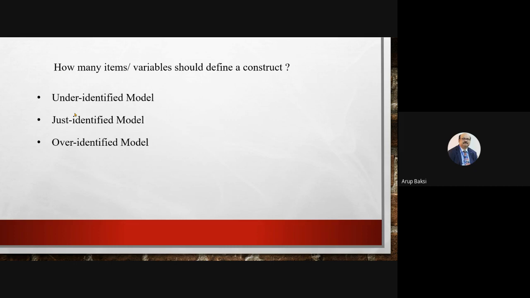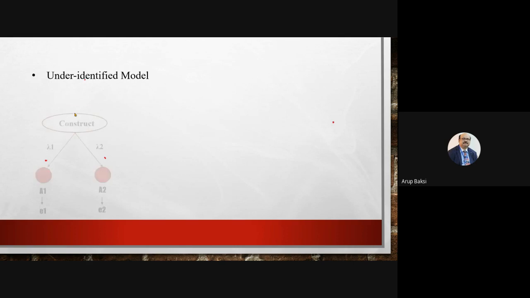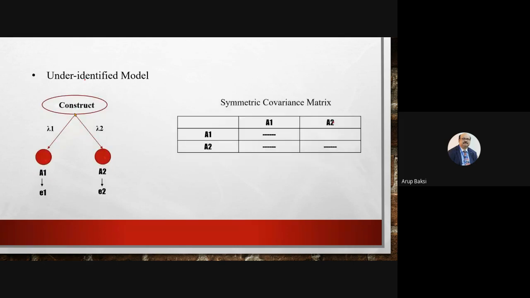According to the items or the variables which actually define a construct, we can identify these three sets of models. So what is an under-identified model? In an under-identified model, on the left-hand side you have a construct. It has only two observed variables, A1 and A2, loaded on it, or this construct has been defined by only two observed variables, A1 and A2.